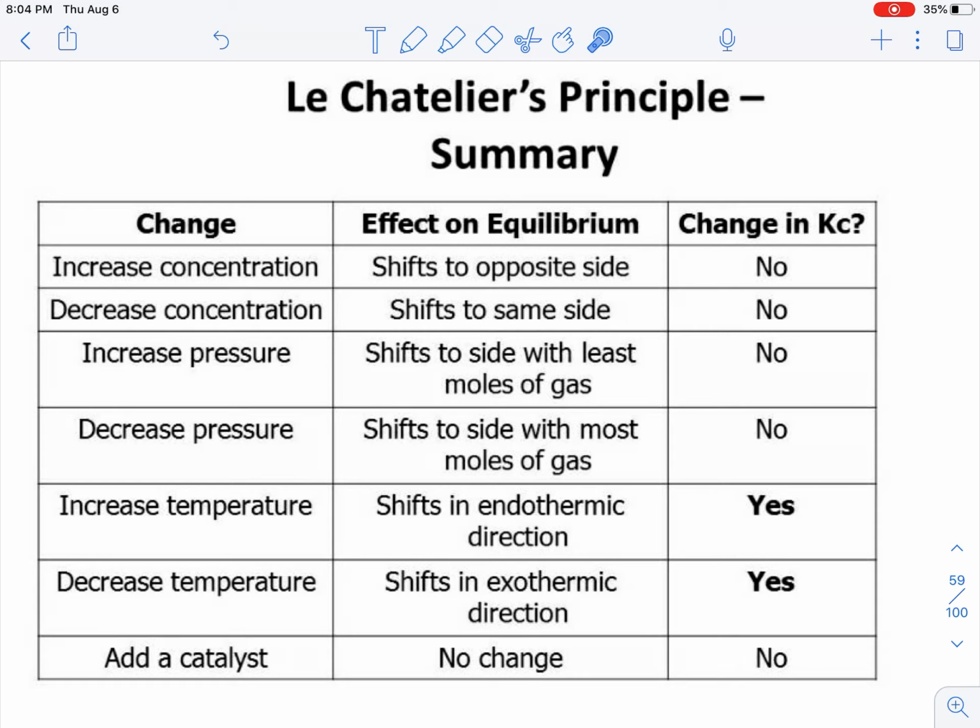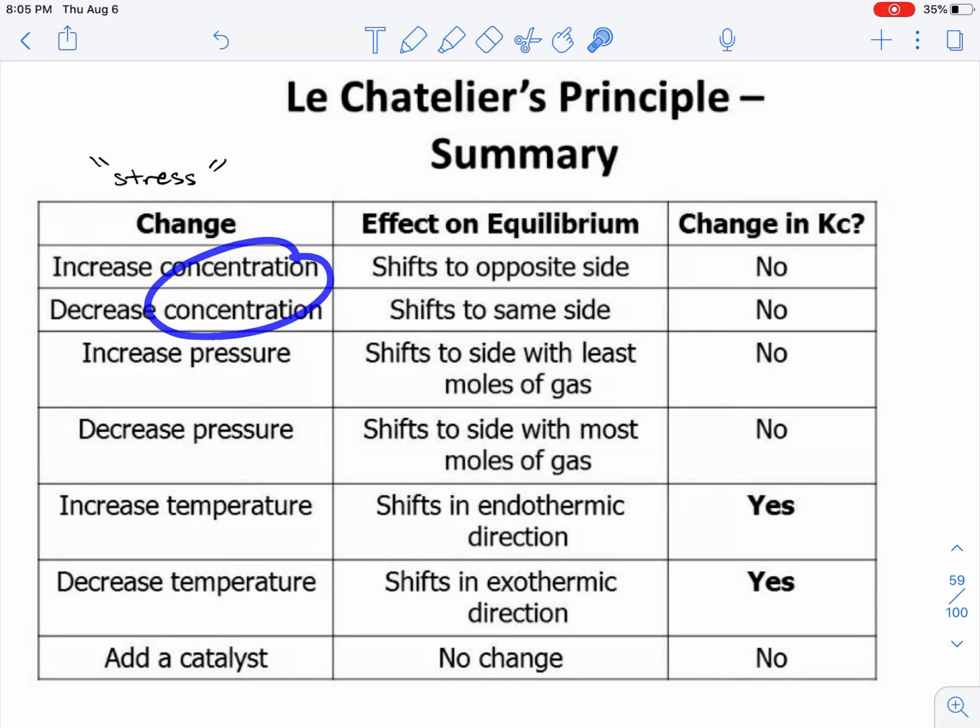Looking at this column, this change can be synonymous with the stress that's applied onto the chemical system. If the stress was a change in concentration, how would the equilibrium shift? Would it shift to the opposite side of that stress, or would it shift to the same side of that stress? And does it change the actual value of Kc?